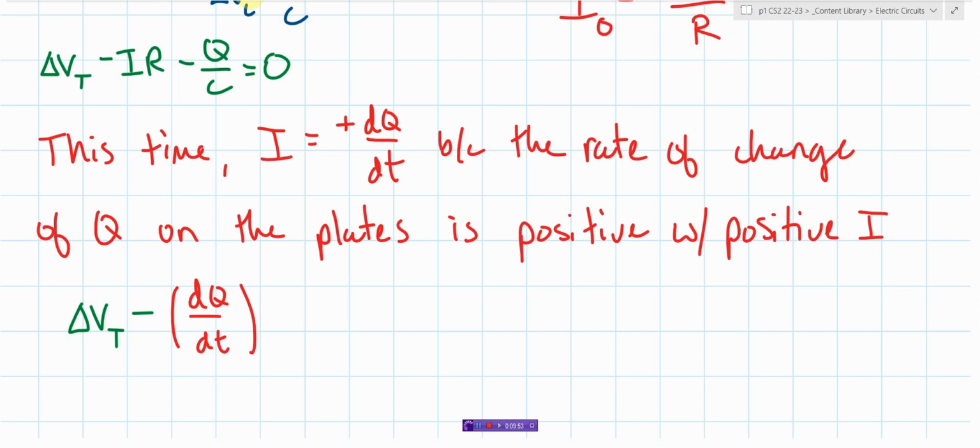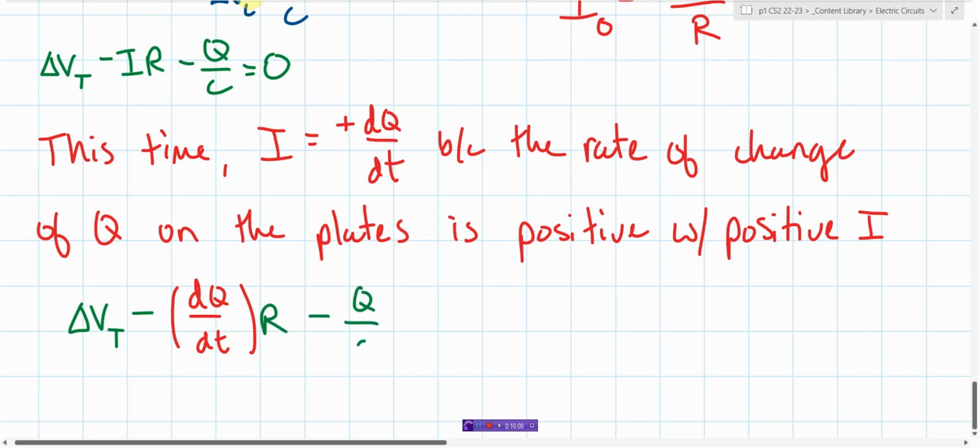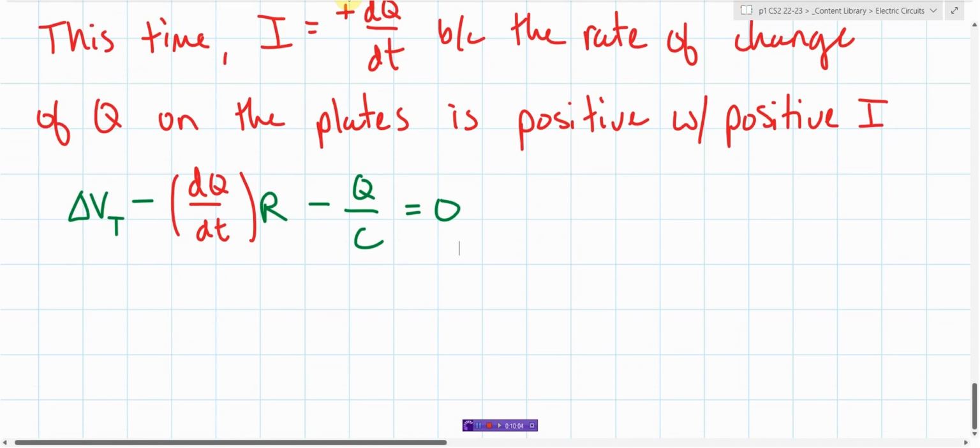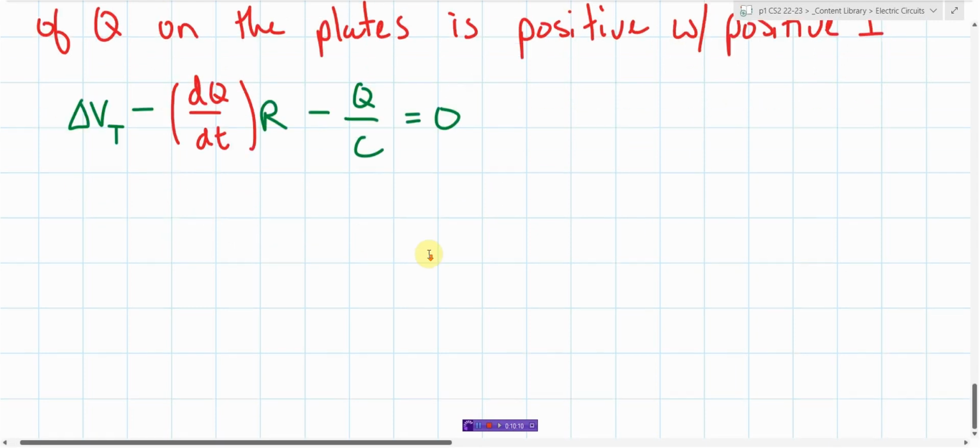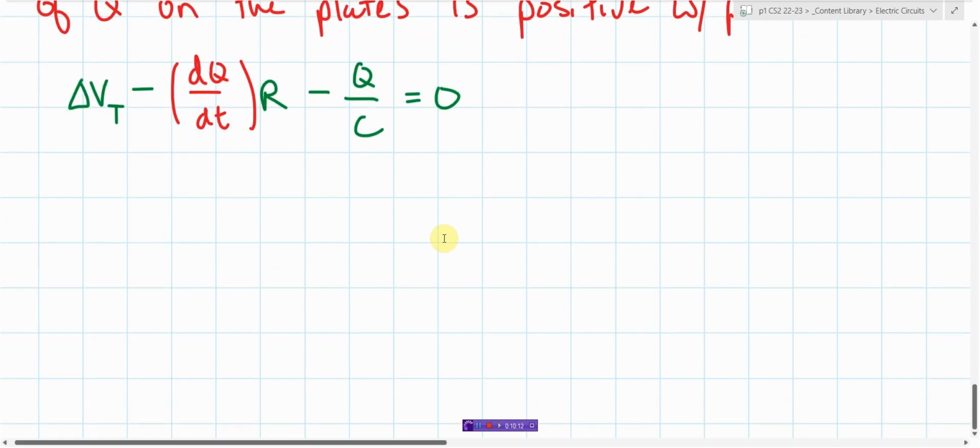There was a negative in front of the IR, so I need the negative for that. And then I've got my R minus Q over C equals 0. Okay. And we again have a differential equation. We're going to solve it just like last time, but I think we're going to skip it.